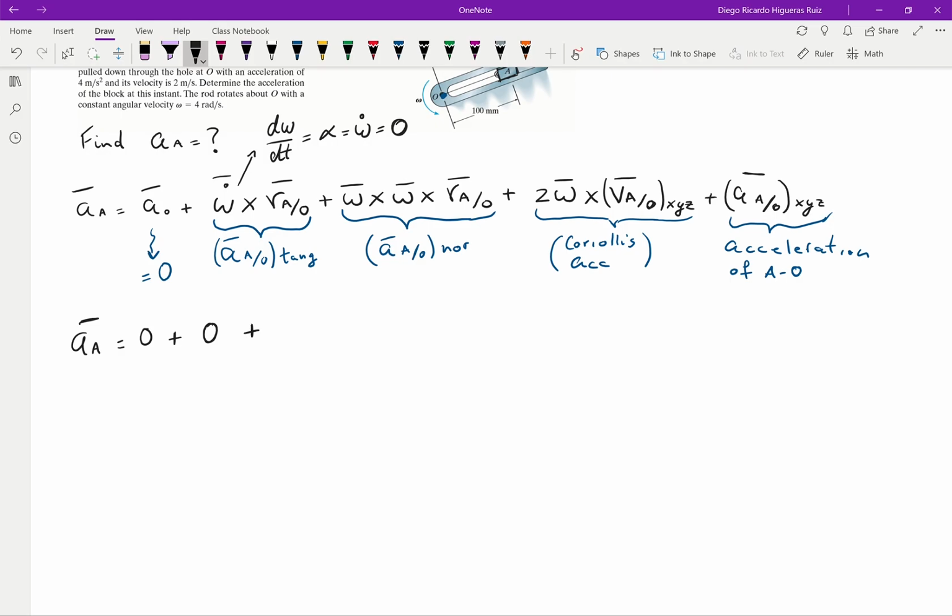Then we're gonna have our normal acceleration, and that's gonna be 4k. Actually, I'm gonna go ahead and write my units here.